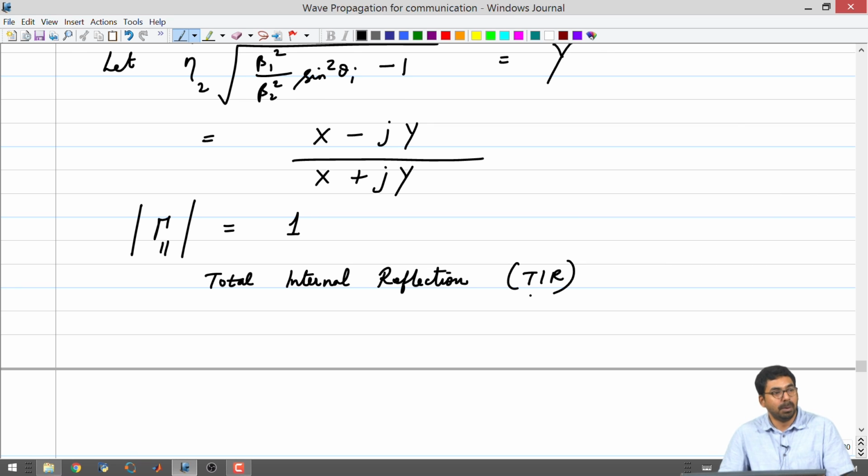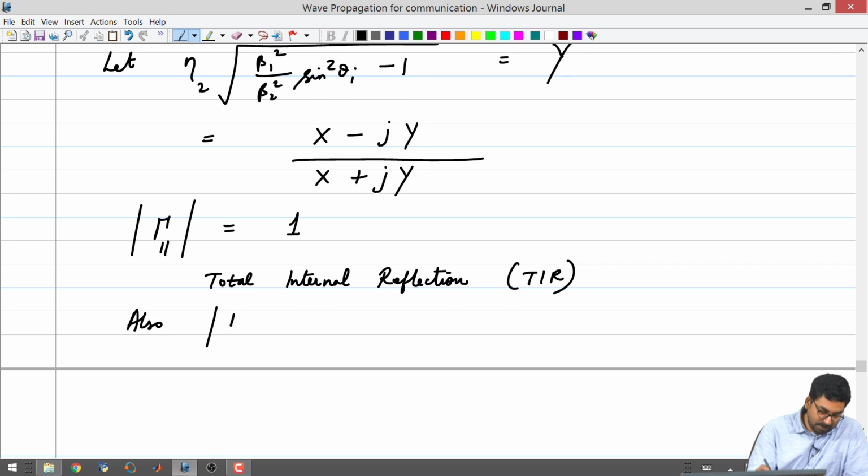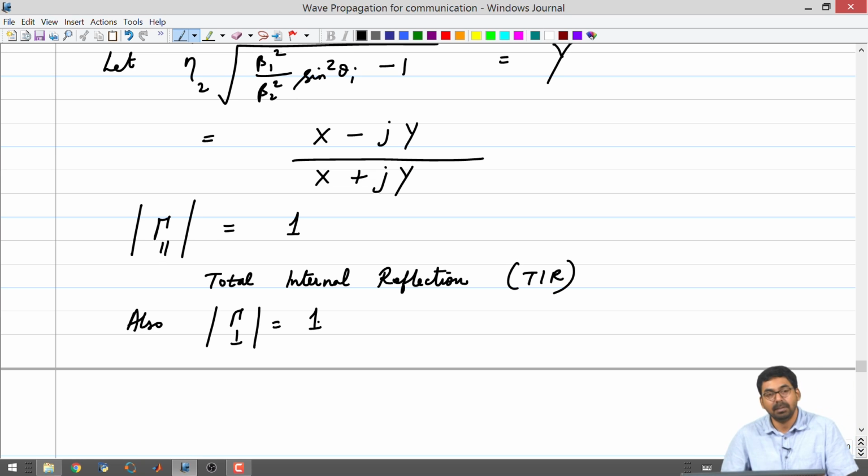For the perpendicular polarization also, the magnitude becomes equal to 1, right. So, let me just complete this by saying also, irrespective of the polarization that you are using, okay, the entire electric field is going to be reflected, there is nothing you can do about it.